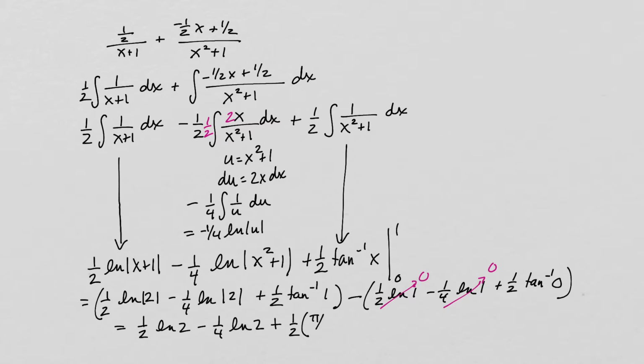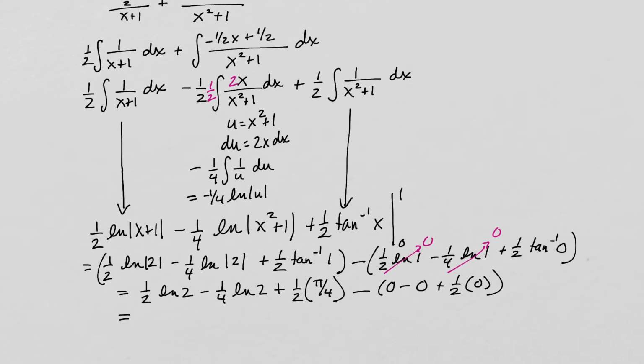Because remember, the inverse tangent is defined in quadrants 1 and 4. So 1/2 times pi over 4, minus, we have a bunch of zeros, right? So minus 0, minus 0, plus 1/2, and what's the inverse tangent of 0? So when is the tangent equal to 0? At 0. So that whole second piece is just 0.